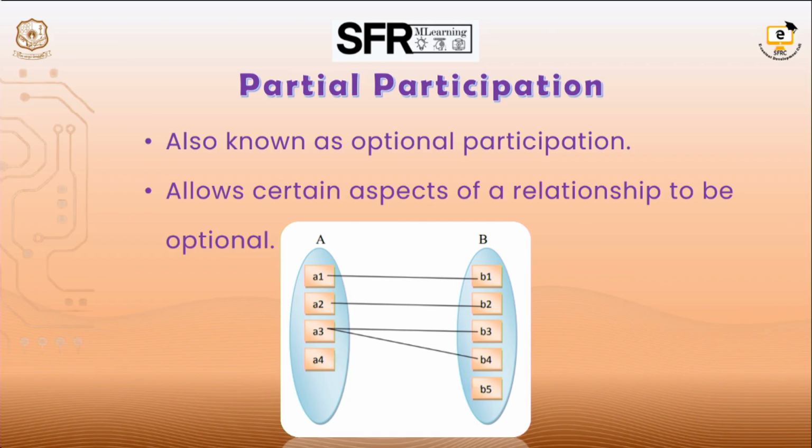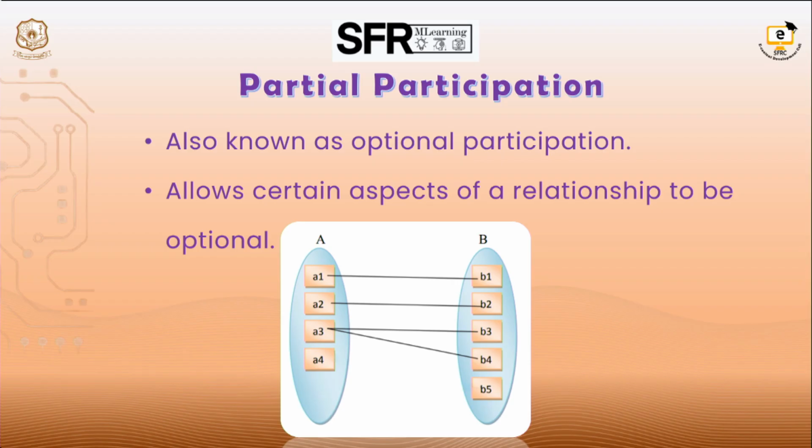In the below diagram, the participation of an entity set E in a relationship set R is said to be partial if only some entities in E participate in a relationship in R. The participation of entity set A in the relationship set is partial because only some entities of A participate in the relationship set, while the participation of entity set B in the relationship set is total because every entity of B participates in the relationship set.